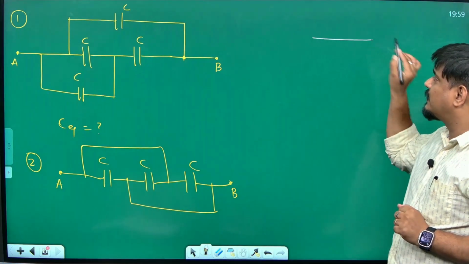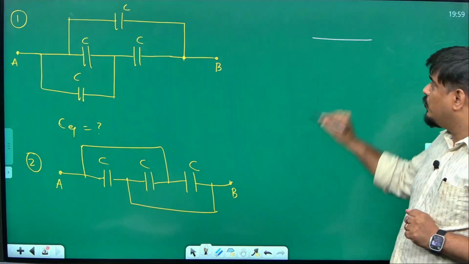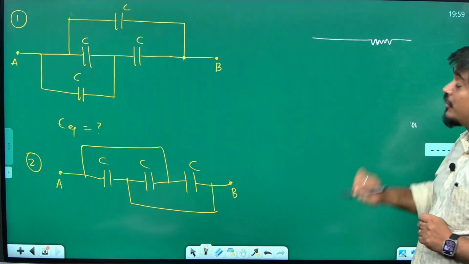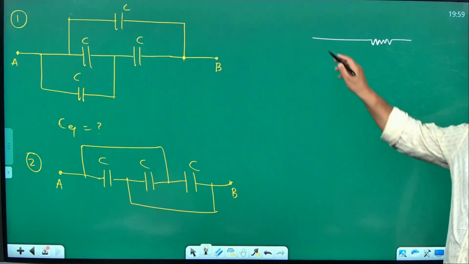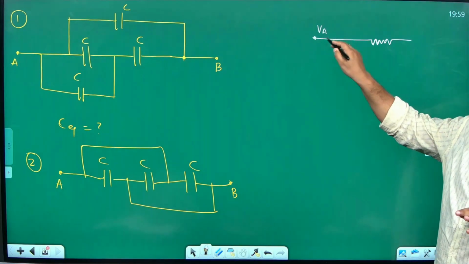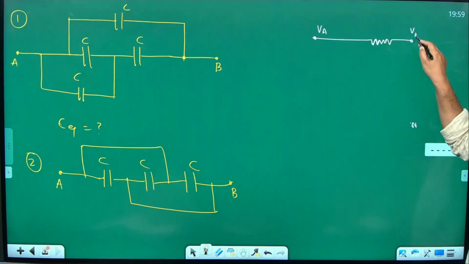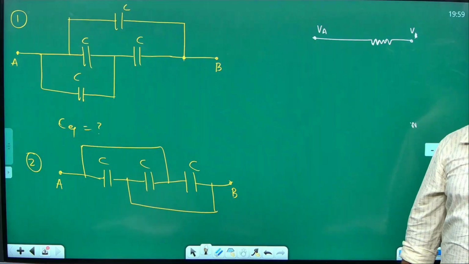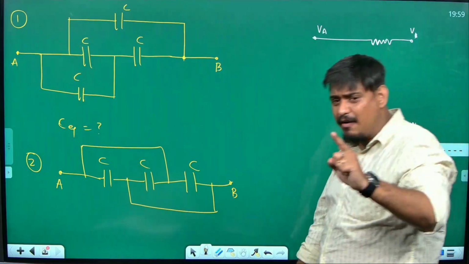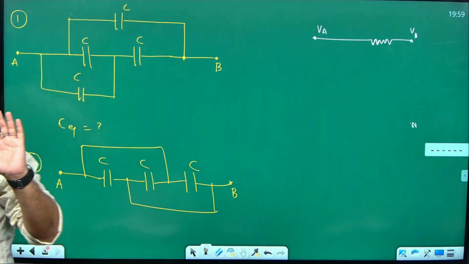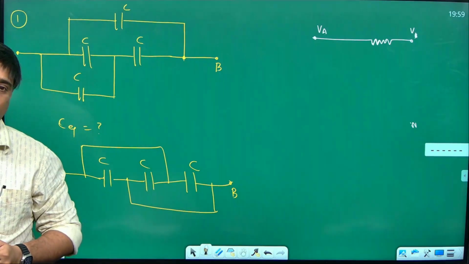If in the circuit you have a device coming, only then the potential can change. That is, if you have a potential VA, it will become VB here. Until you have any appliance coming in the path, the potential will not change.